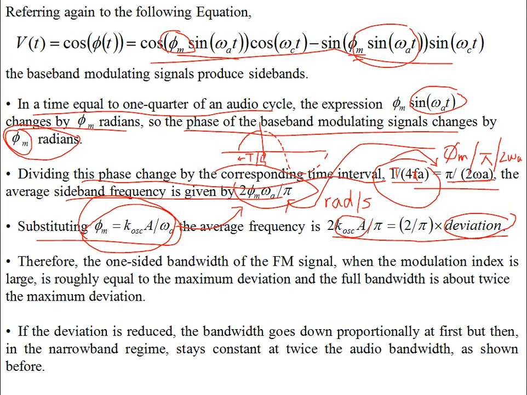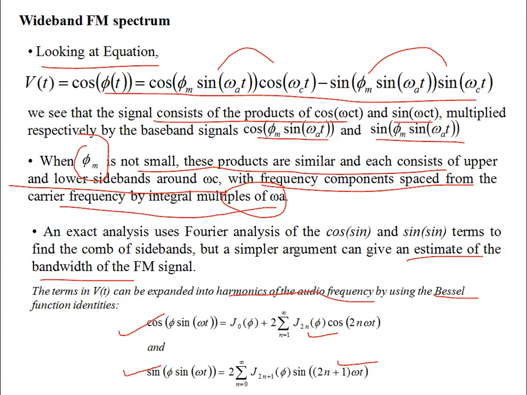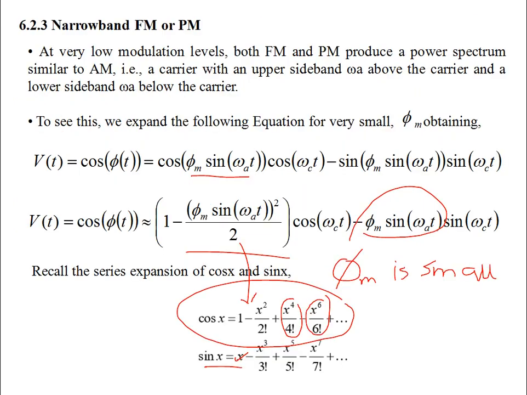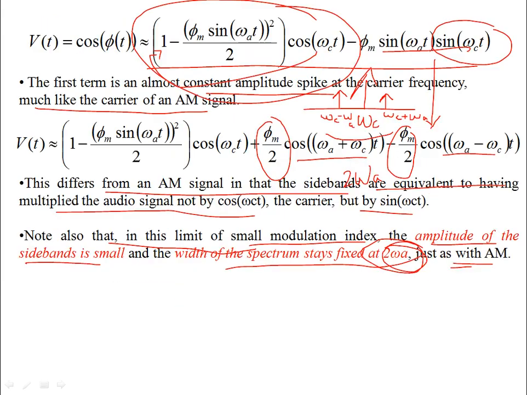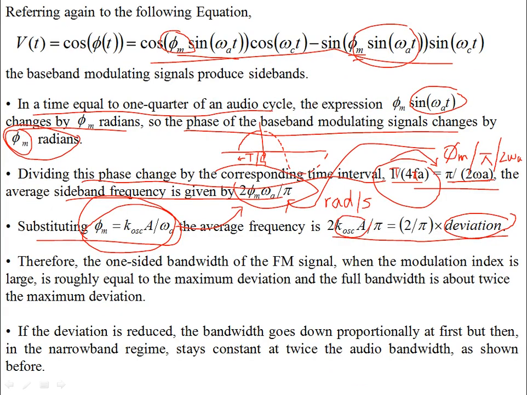Therefore, it results in a broadband FM. So if the deviation is reduced, the bandwidth goes down proportionally at first, but then in the narrowband regime, it stays constant at twice the audio bandwidth as shown before, just like for the AM case.